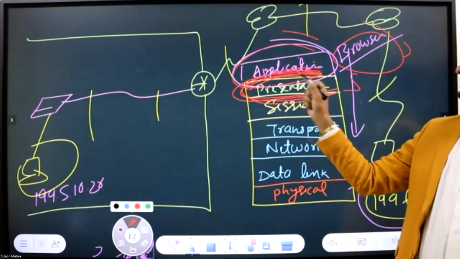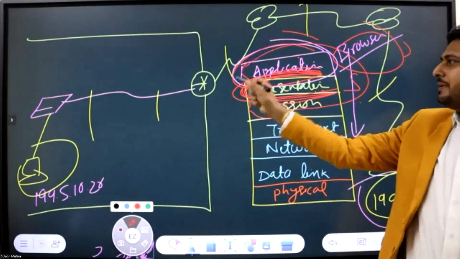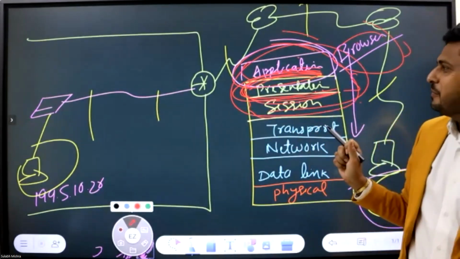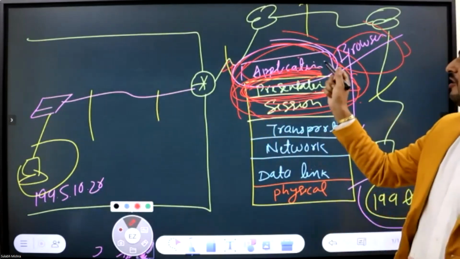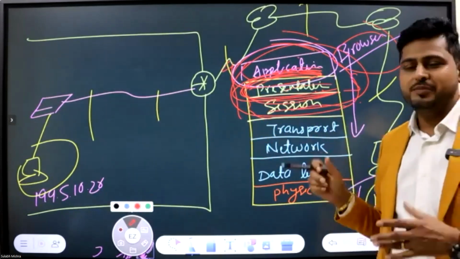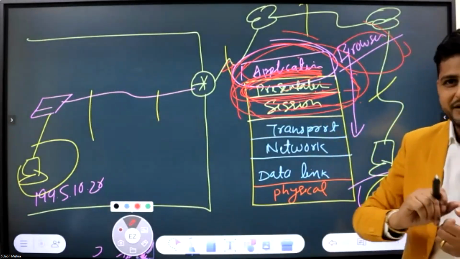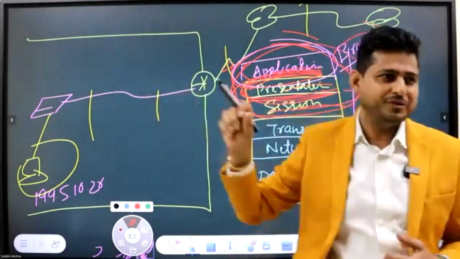So generally the application, session and presentation layers are performed by the same application. That's the reason many times we call all three the application layer, because application, presentation and session are performed by the same device. Once you have the browser, it establishes the communication, meaning session establishment happens through the browser only.